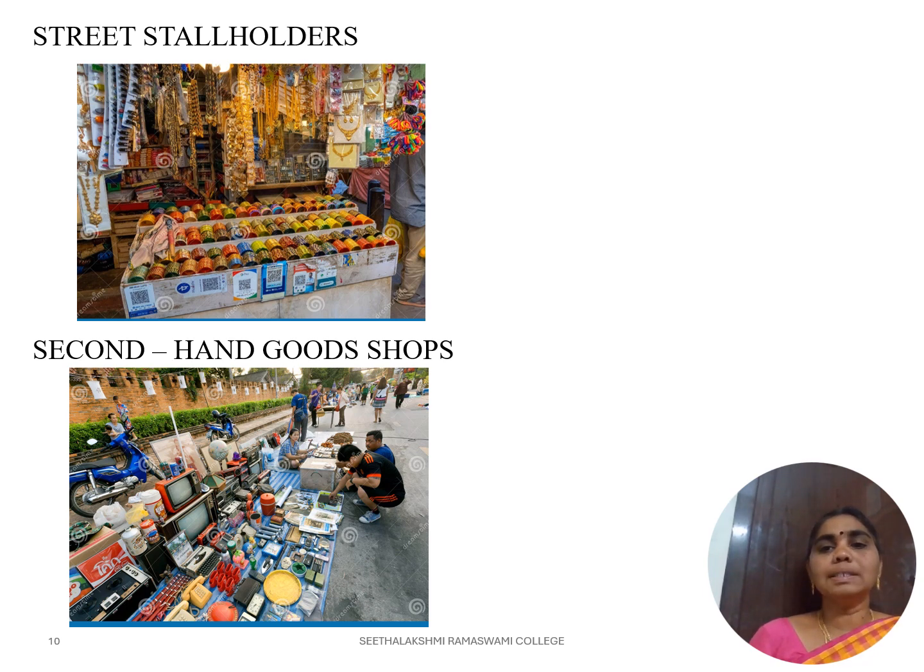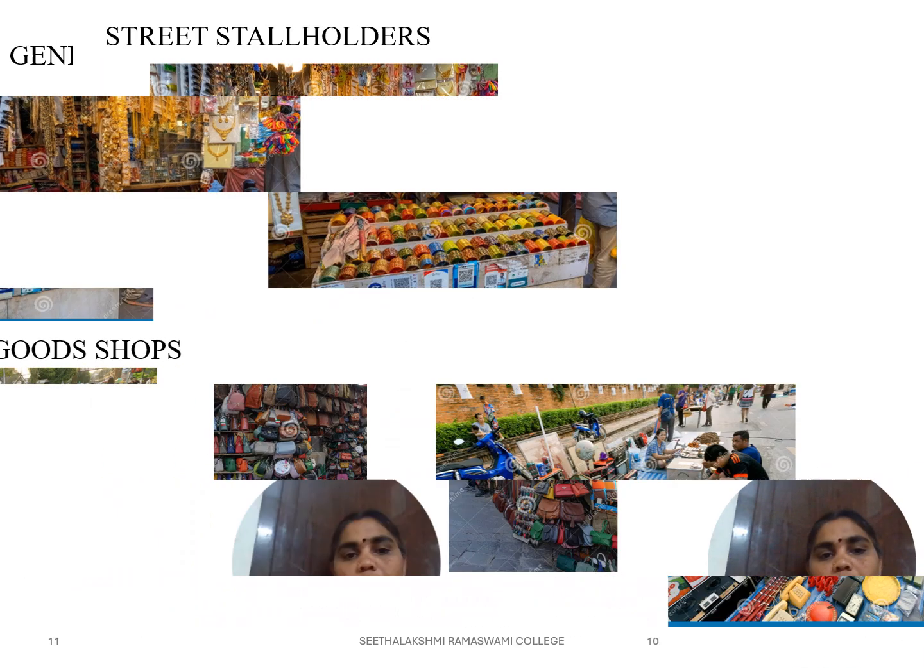Then the second one is second hand goods shop. Generally, they sell only second hand goods like books and furniture. Consumers who are not able to purchase the product new due to high price approach the second hand goods shops for purchasing the product at a low price.